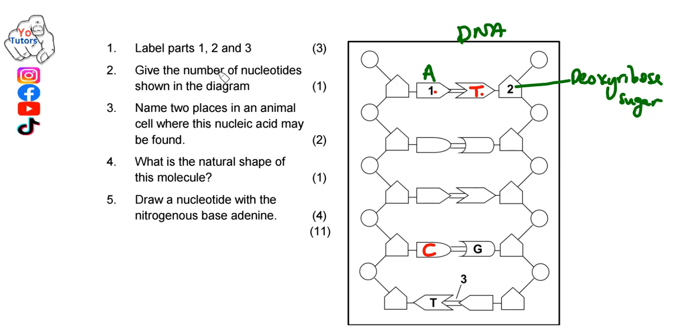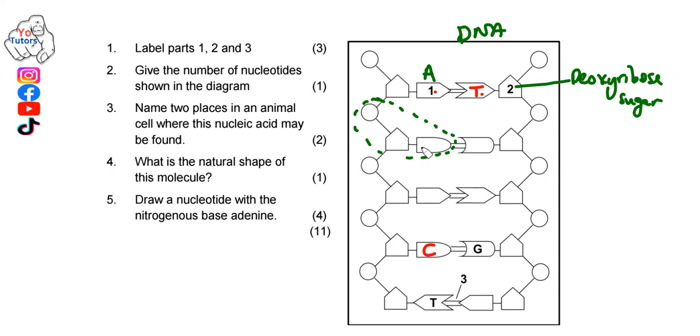Then give the number of nucleotides shown in the diagram. So number of nucleotides, as you can see here, this is a nucleotide. A nucleotide, remember, consists of a phosphate group, sugar, and nitrogen base. So you must know that one nucleotide contains one nitrogenous base.